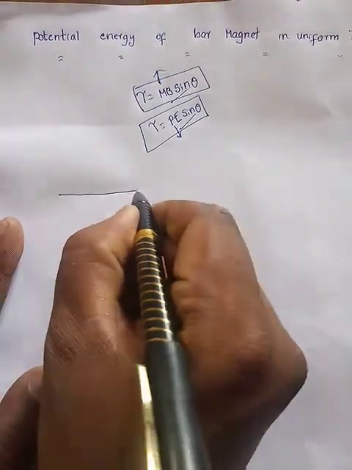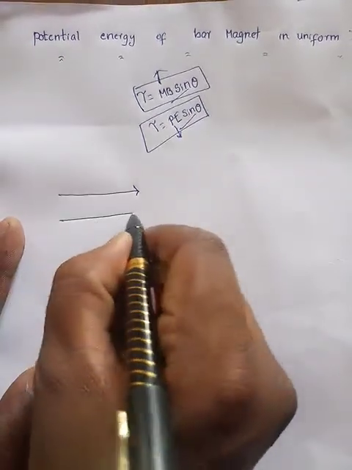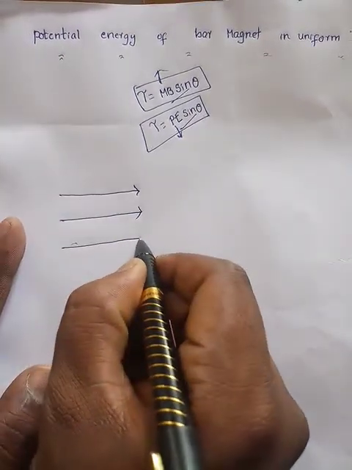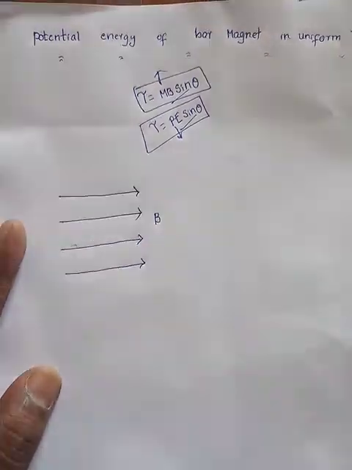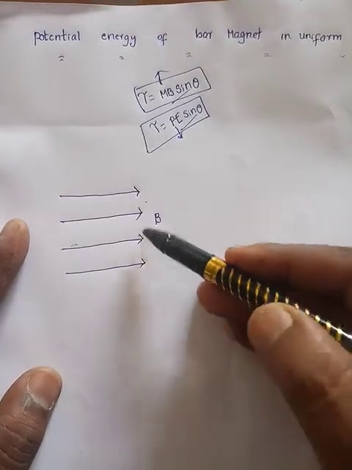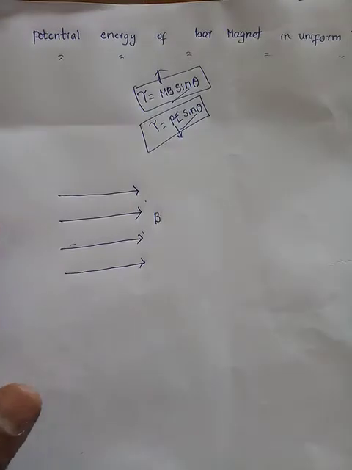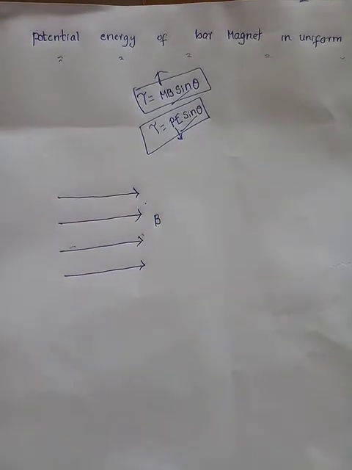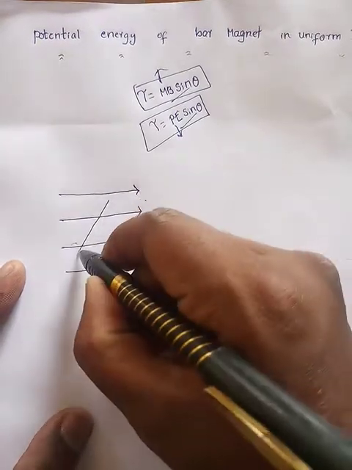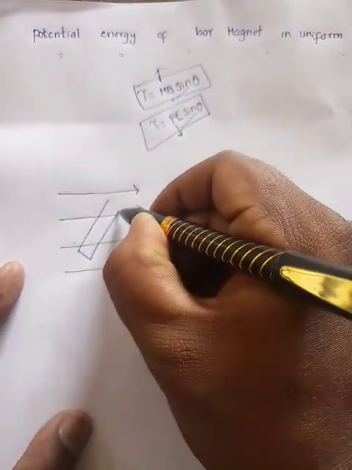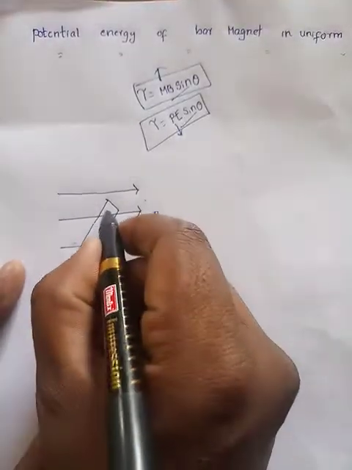For this we should consider a uniform magnetic field. If the lines of force are straight, parallel and equally spaced, we can say that it represents a uniform magnetic field.